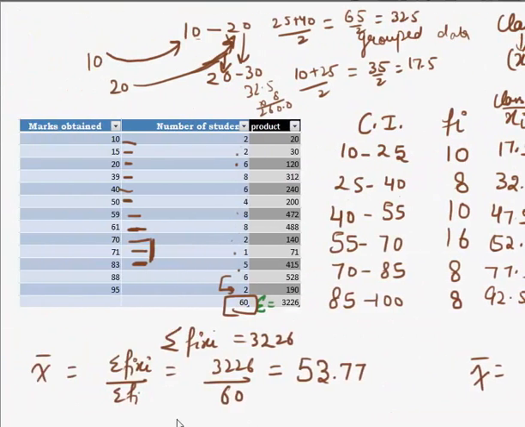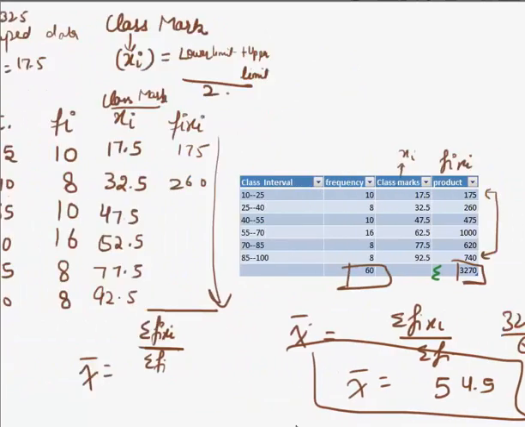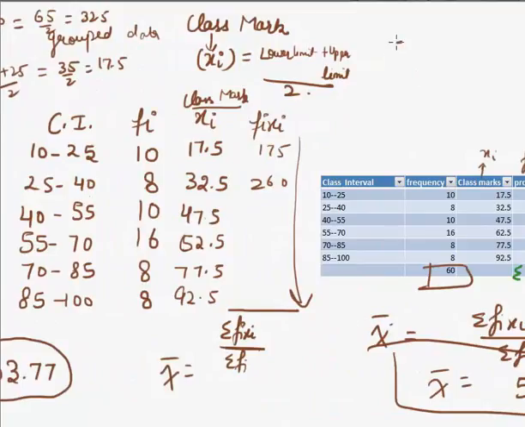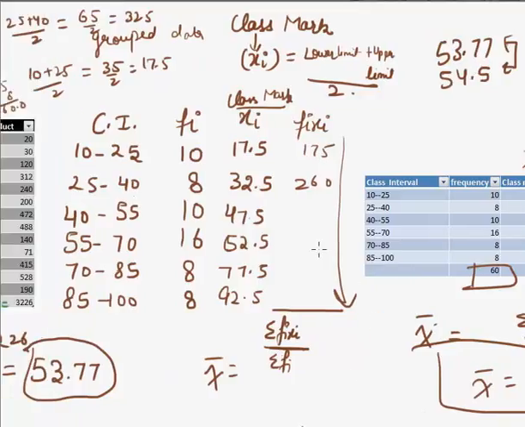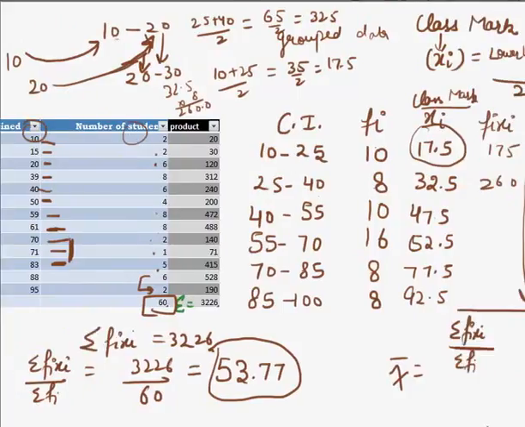Friends, we can also analyze that both the calculated means are of the same data, but their values are different. That is, first we are getting 53.77, whereas in the second case we are getting 54.5. The reason for this feeble difference is the assumption, or the product of this class mark with fi instead of the product of fi with the original observations.